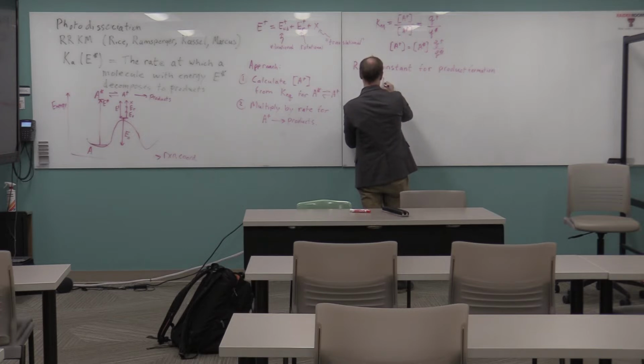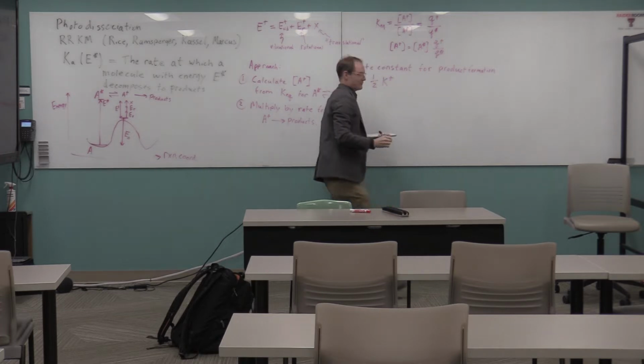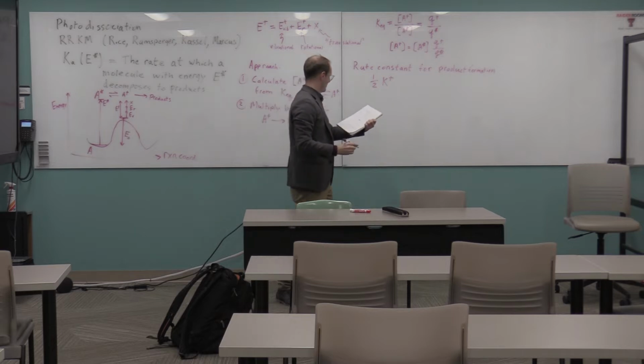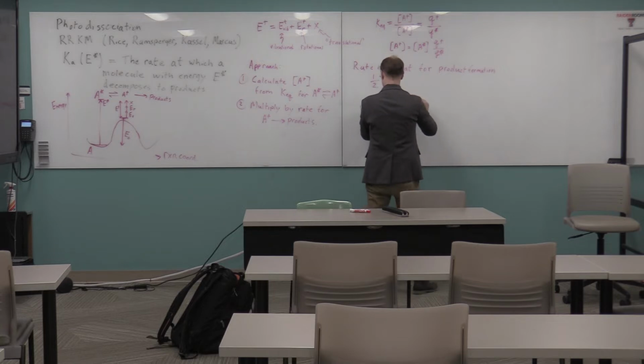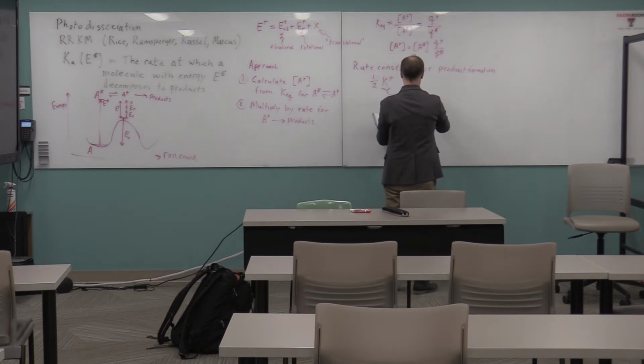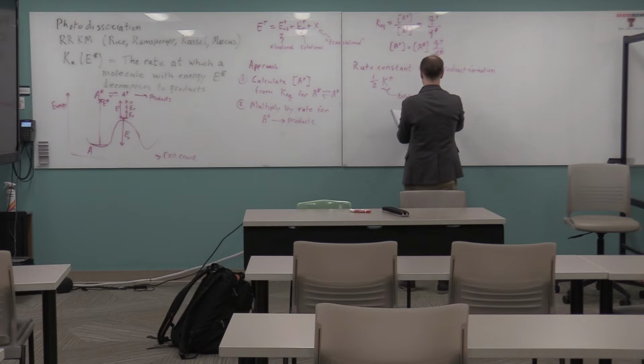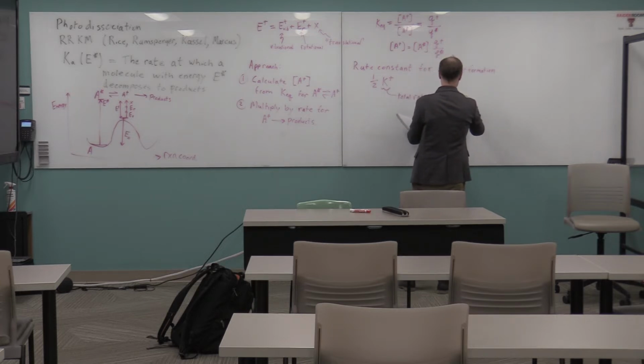We're going to say it's 1/2 K plus by definition, where K plus is the total rate for disappearance of A plus.